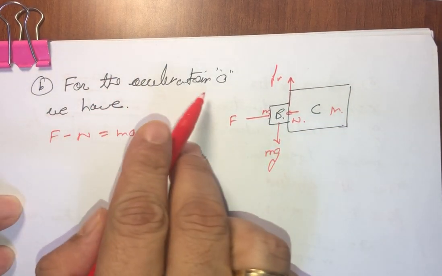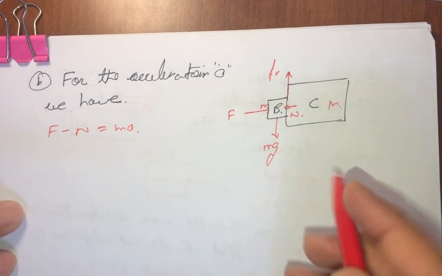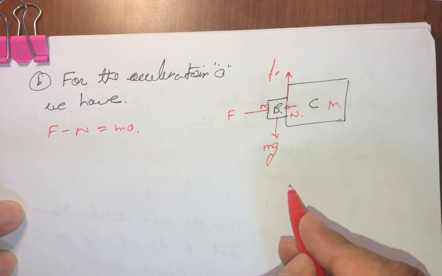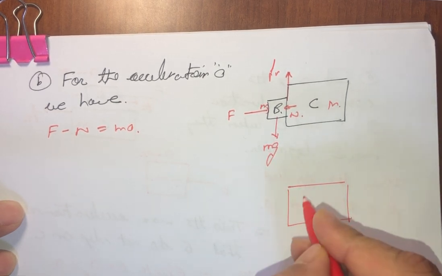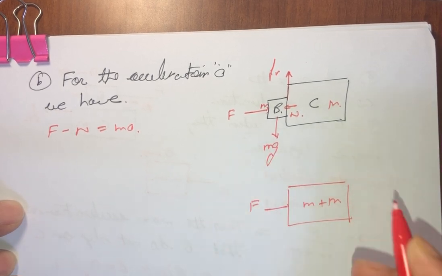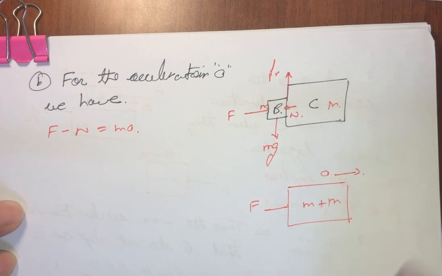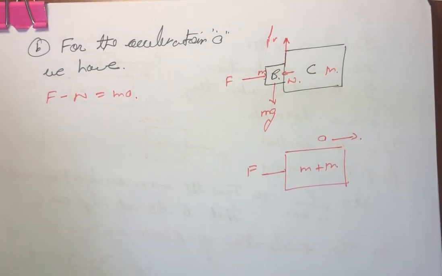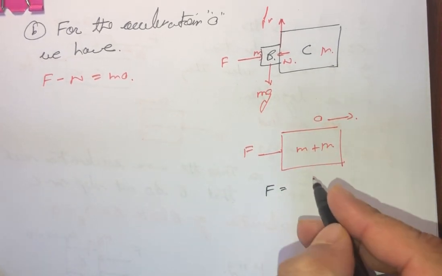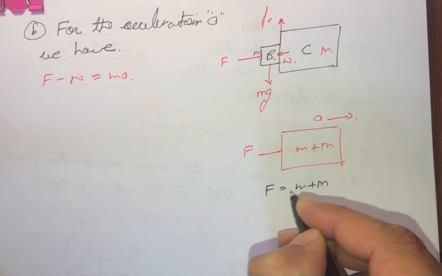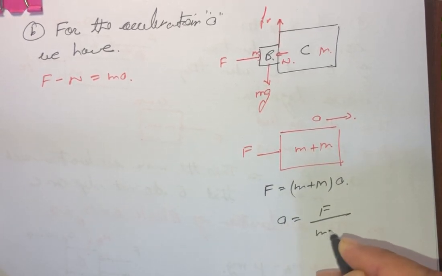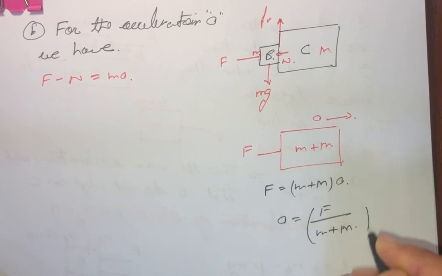We can also draw this here. So we have m plus capital M, a force F is being applied on it, and A is its acceleration. So we can write that F is equal to (m plus capital M) into A, or acceleration A equals F divided by (m plus capital M).